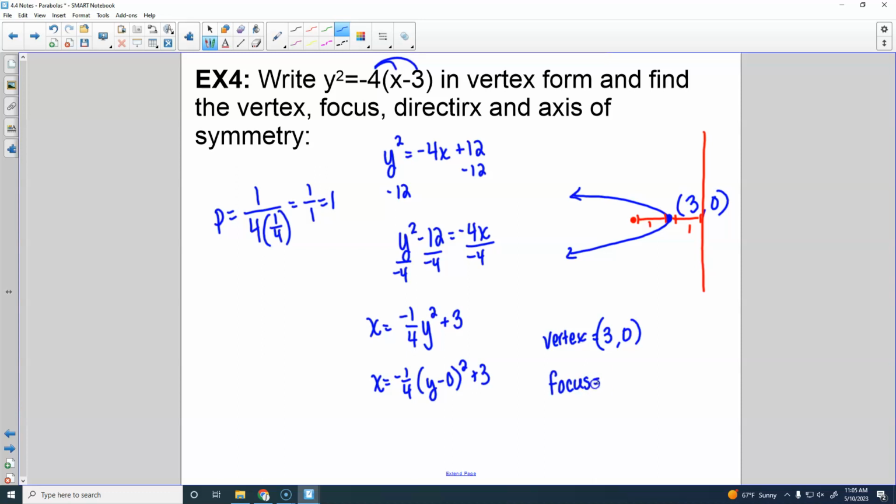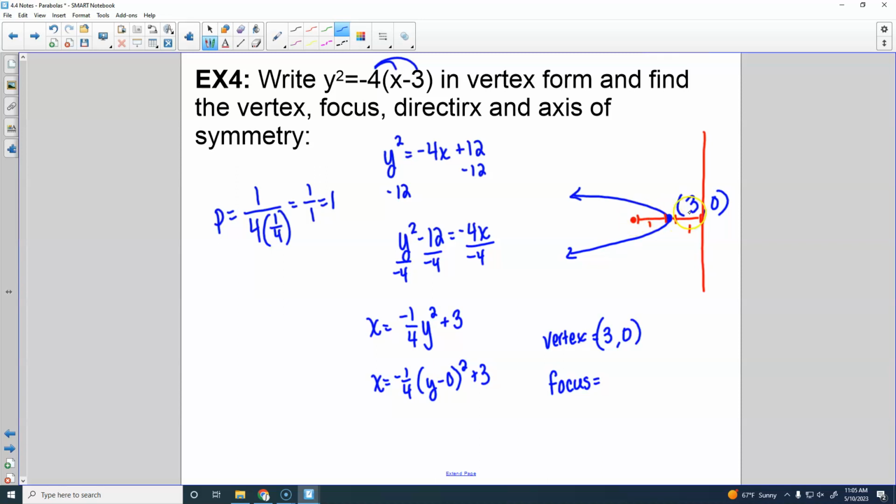So, Lennon, what would the coordinates of the focus be for this one? If you start at the vertex right here, you're at 3, 0. You need to go to the left 1. Which coordinate is that going to change?